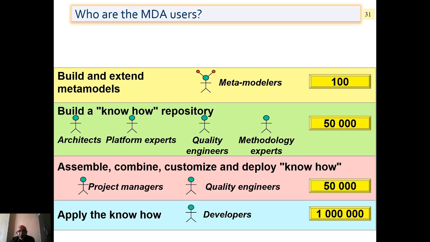And meta modelers, they are counted in numbers of 100. 100 is also a great figure. I would restrict it to 10, 500, 5,000 and 5 lakh, right? Good.